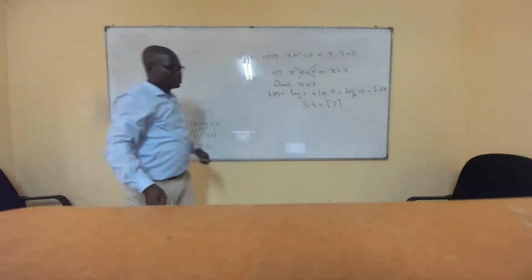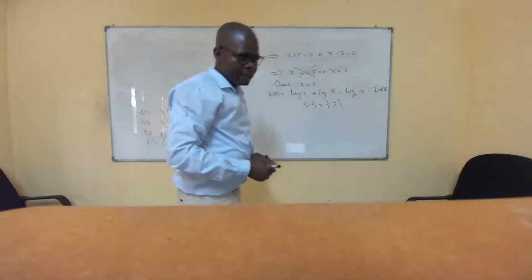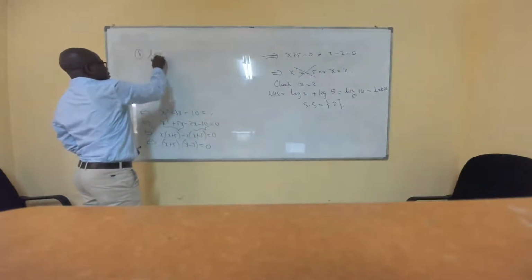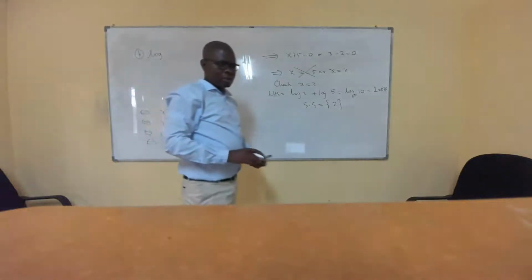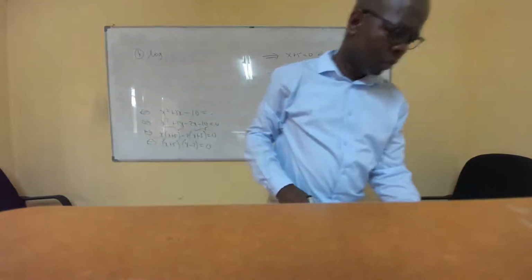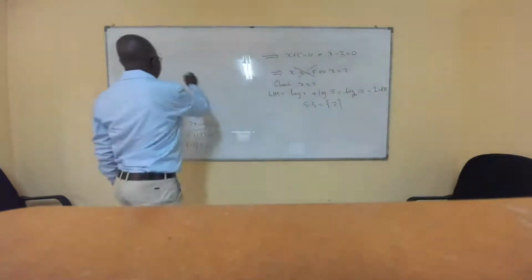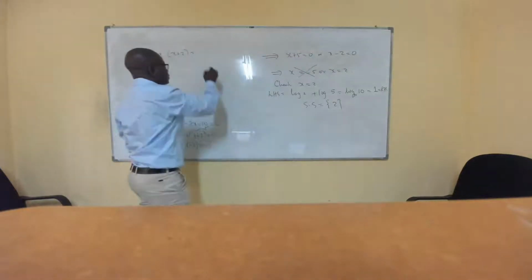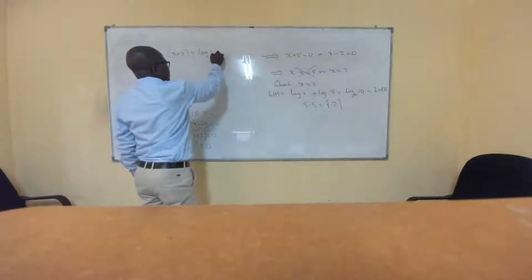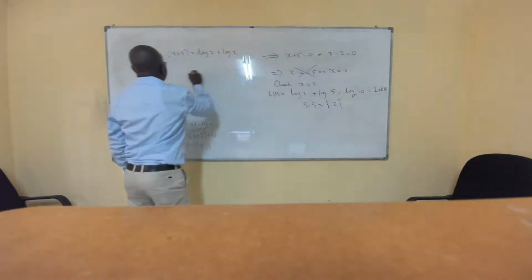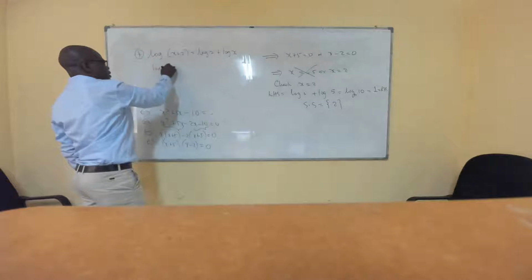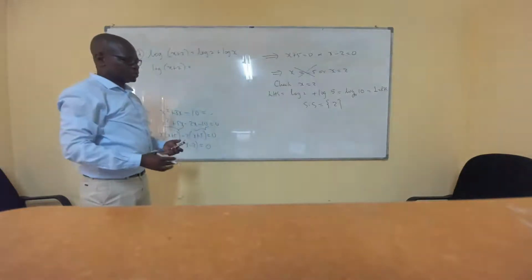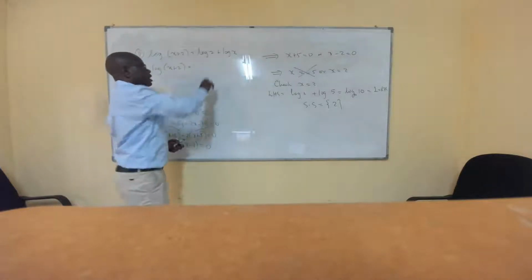That is on that question. The B part: we have log of x plus 2 equals log 7 plus log x. Of course, it's a good idea that we combine them: the sum of two logs is equal to the log of the product of arguments.